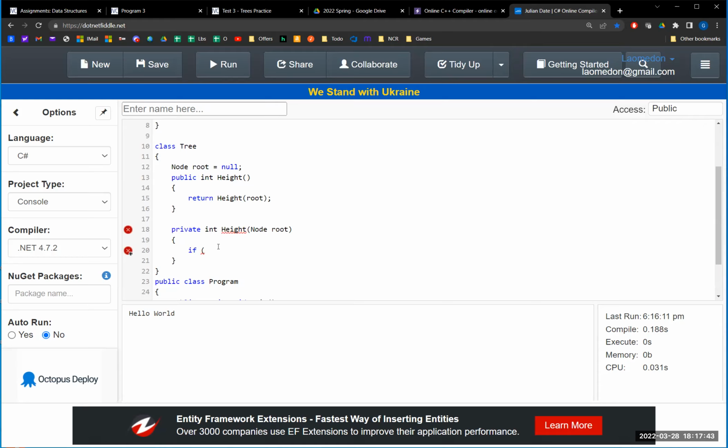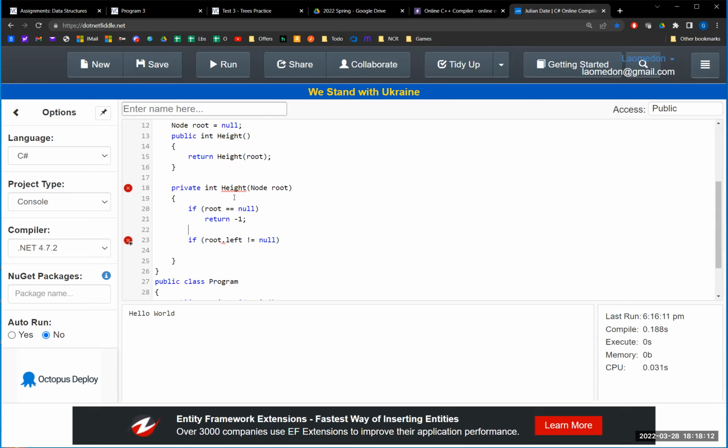One way of doing it is once you're in here, if the root's null, then return back our base case. And there's also pre-checking. So before checking, we could also say if root left not equal null, then we can go ahead and get the height on the left side, equals get the height of root left.